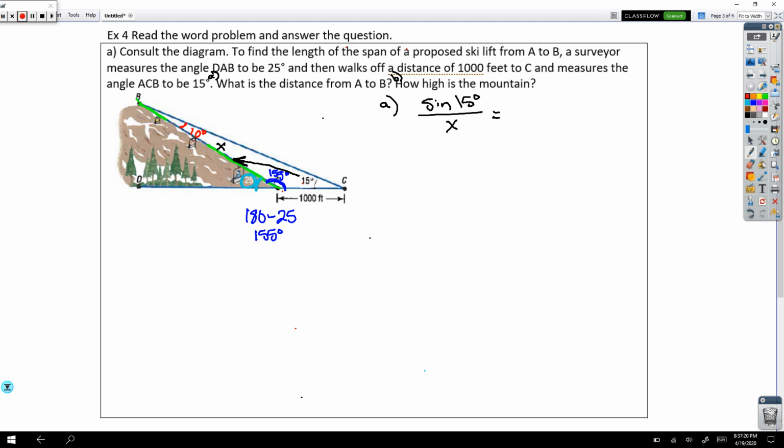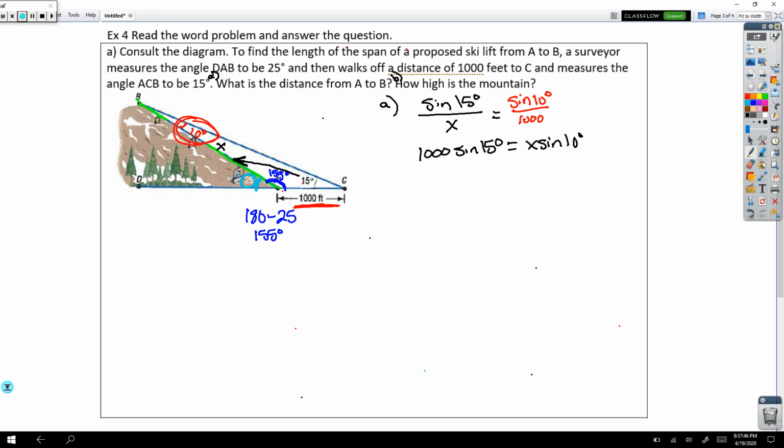If we look at angle measure B, which was 10, and its opposite length, 1000, I can set up that fraction. So sine of 10 degrees over 1000. Cross multiply. 1000 sine 15 degrees equals x sine of 10 degrees.